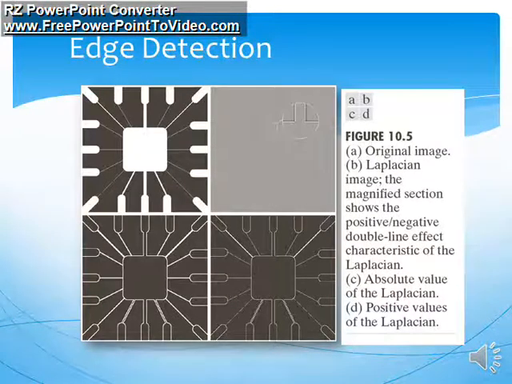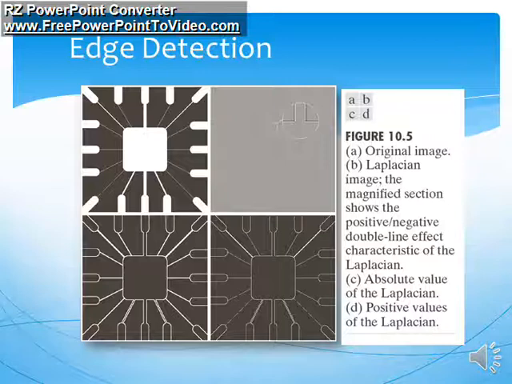Now this is the example. The first one is the original image. The next is the Laplacian image. The magnitude section shows the positive or negative double line effect characteristics of the Laplacian operator. The third image shows the absolute value of the Laplacian, and the last one is the positive values of the Laplacian.